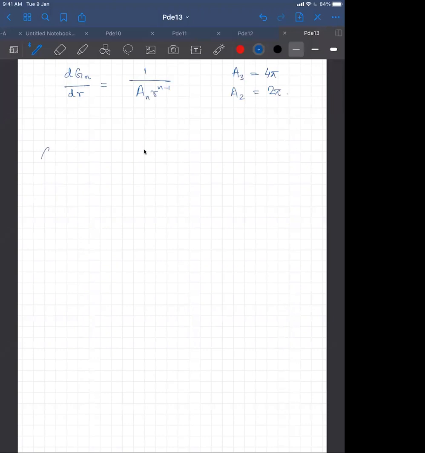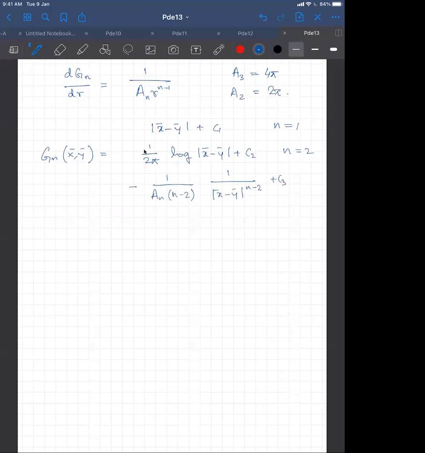So G is then simply the modulus of x minus y plus some c1, if n is equal to 1; 1 over 2 pi log of the modulus of x minus y plus c2 for n equal to 2; and minus 1 over An (n minus 2), 1 by the modulus of x minus y to the n minus 2, plus some constant, for n greater than or equal to 3.